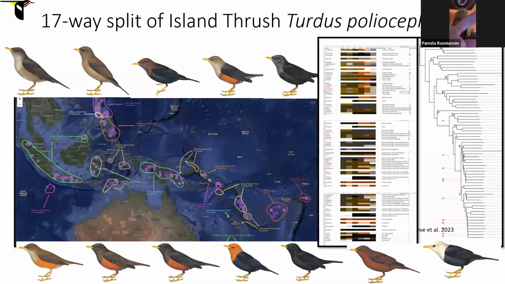And this rather mysterious middle slide, or part of the slide, is a chart of the colors matching the phylogeny. And what you can see is that there's all different blocks of colors. The left starts with the head and the right is the undertail coverts.